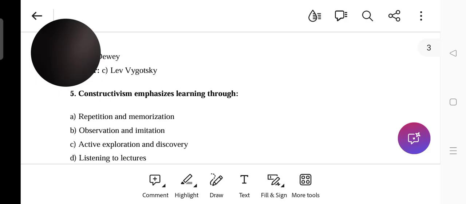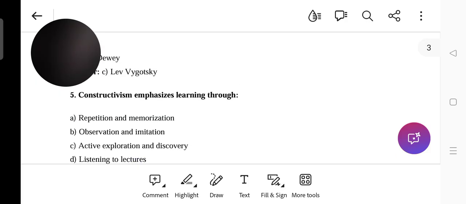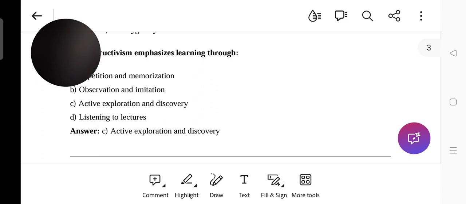So what will be the appropriate option? The answer will be active exploration and discovery. Okay, because constructivism emphasizes learning through active exploration and discovery.